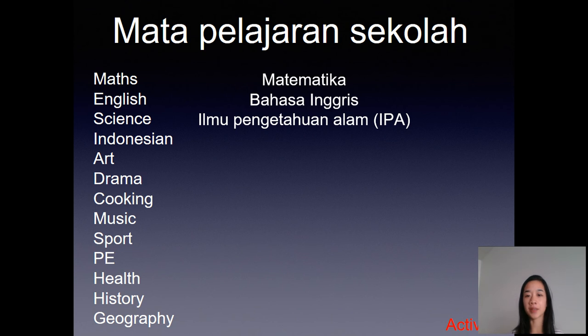Or you can say IPA. So let's try the long version first, and then we can try the short version. Repeat after me. Ilmu pengetahuan alam. Or IPA. Indonesian is Bahasa Indonesia. Bahasa Indonesia.